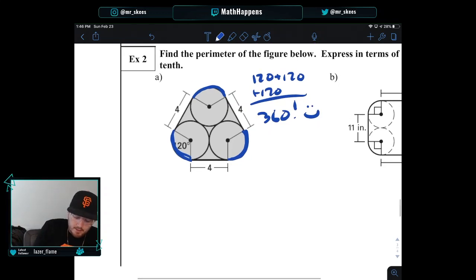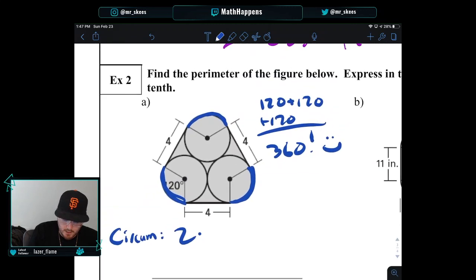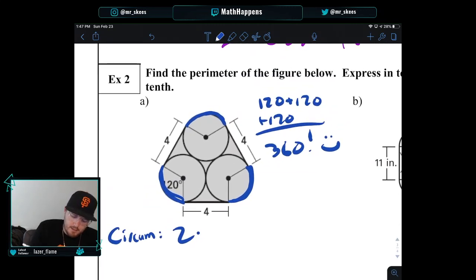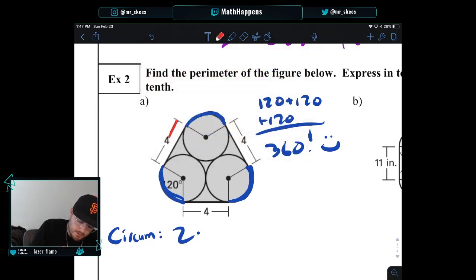So we want the circumference of one circle, which is 2 times r times pi. What we don't know is what is r. R here is a little tricky. Well, not super tricky, but if this distance right here is 4, you could look at that as from here to here.